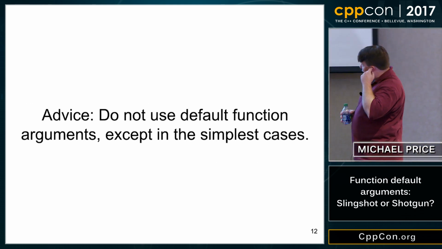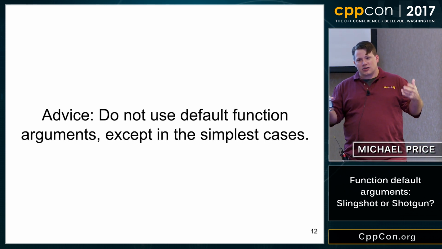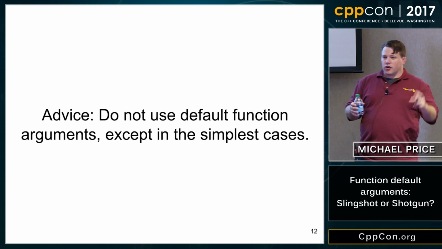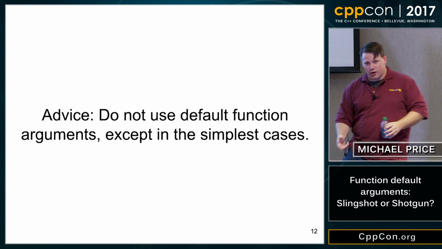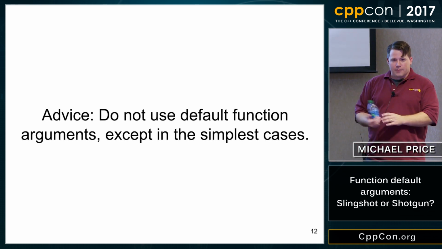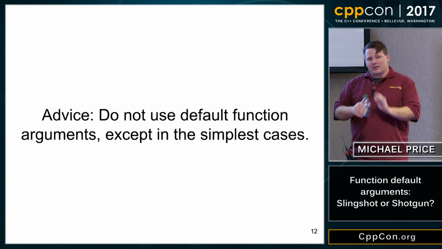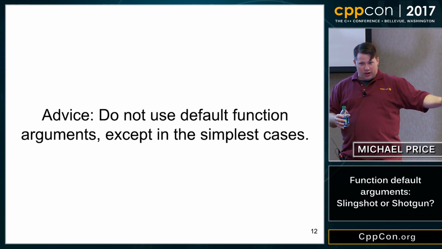Before we get into more examples, the whole premise of the talk is slingshot or shotgun. Who's familiar with foot gun? Like C++ is a foot gun. It's like putting a gun at your foot and waiting for it to go off. So that inspired the subtitle of this. A shotgun spreads. It can be really damaging and harmful. You don't want to shoot your foot with a shotgun.